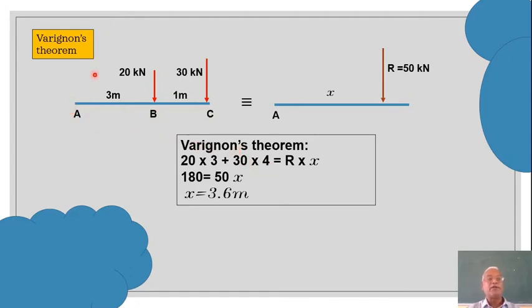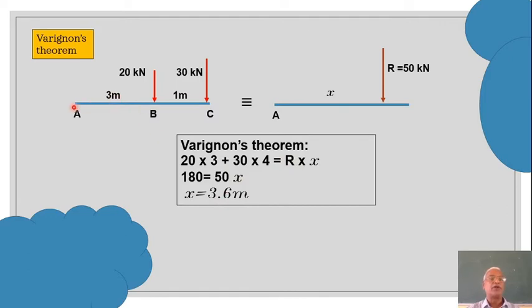So that will give you the sum of moments of the forces, which is equal to the moment of the resultant about the same point. We don't know where exactly this distance is, but the resultant force, because it is all vertical force, will be equal to 20 plus 30. That will be 50 kilonewtons, which is known. So R into X, general expression, but R is equal to 50. Because of that, I can find out X, which will be equal to 3.6.